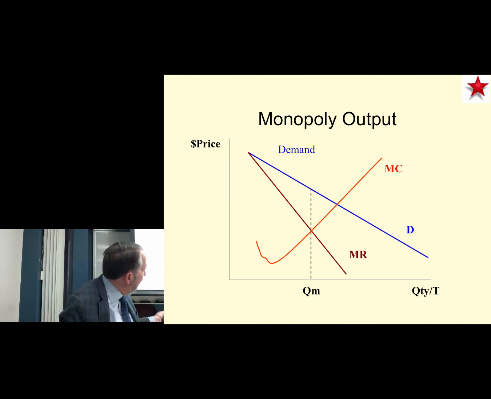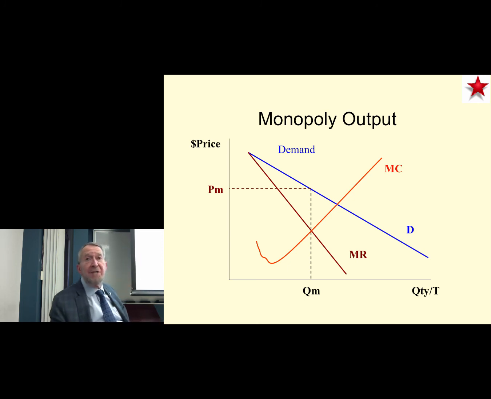Because any unit less than that is adding more to revenue than it's adding to cost. And any unit after that is adding more to cost than it adds to revenue. So again, it's the standard rule. You maximize profit by producing where marginal cost equals marginal revenue. The price that will sell that quantity is the price on the demand curve.